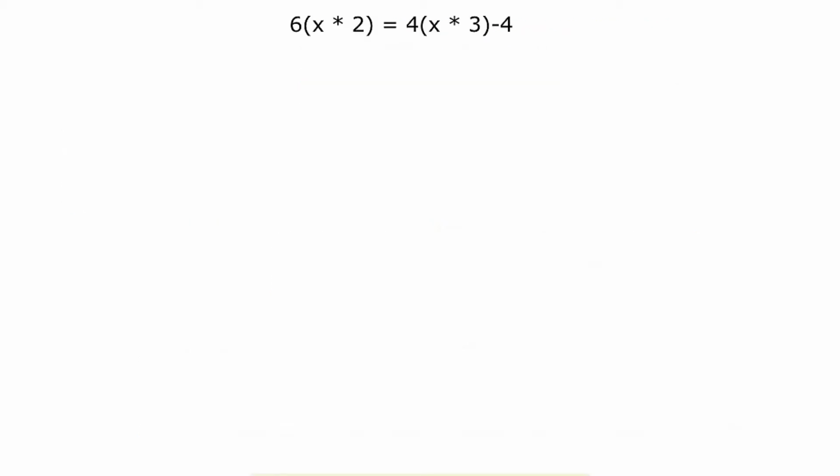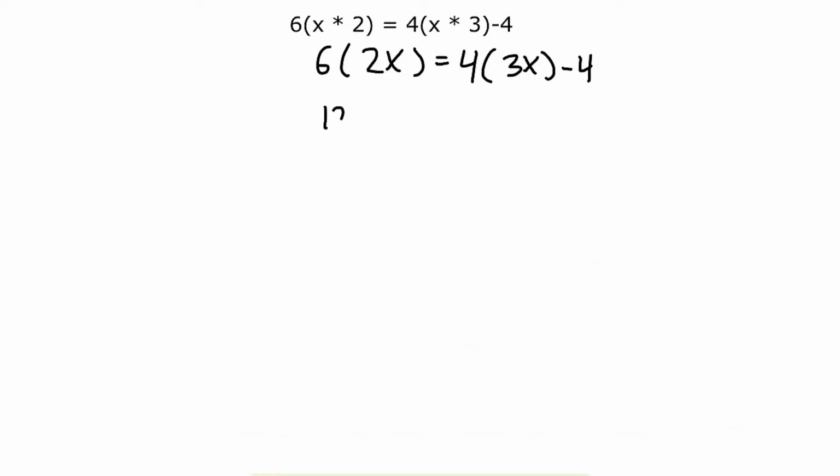So the first thing we want to do in order to solve this with a calculator is make everything equal 0. For now, that means just simplifying this equation a little bit. So I'm going to take 6, then multiply it by 2x, so 12x equals 4 times 3x minus 4. I'll continue to simplify this.